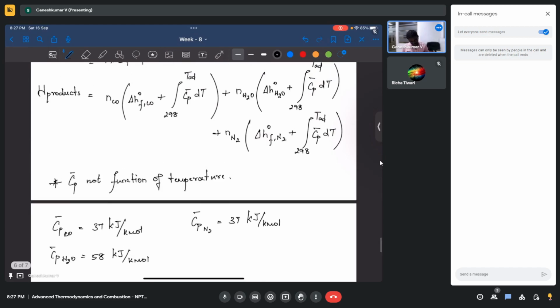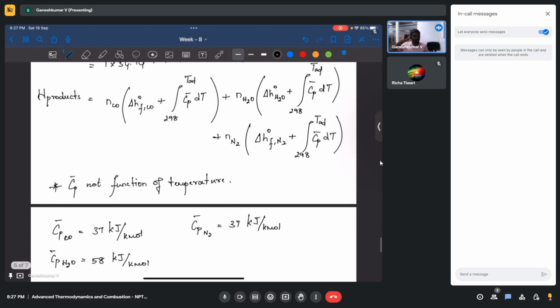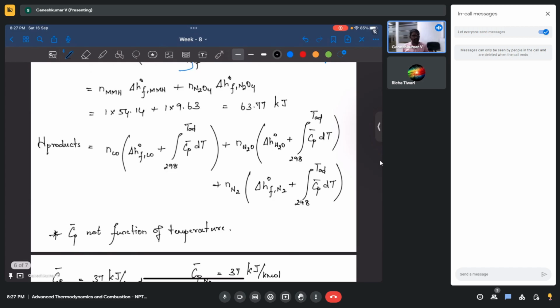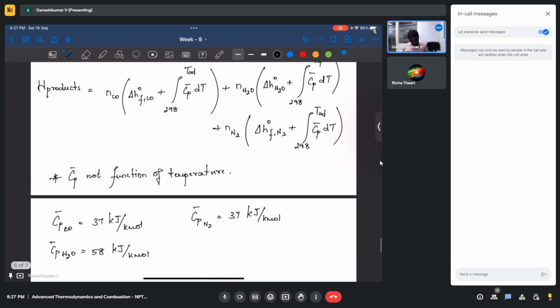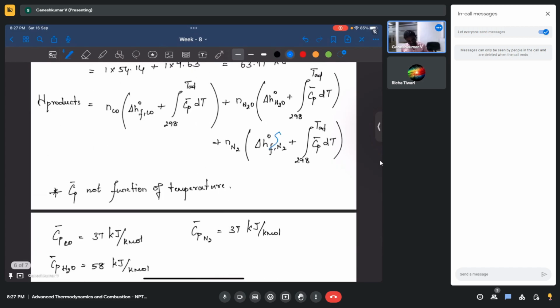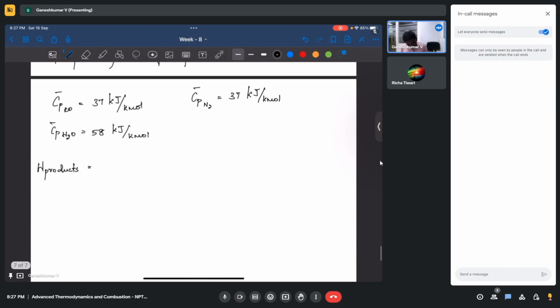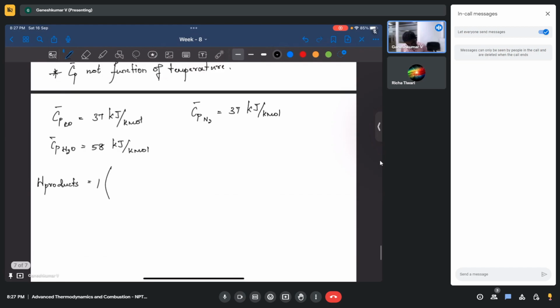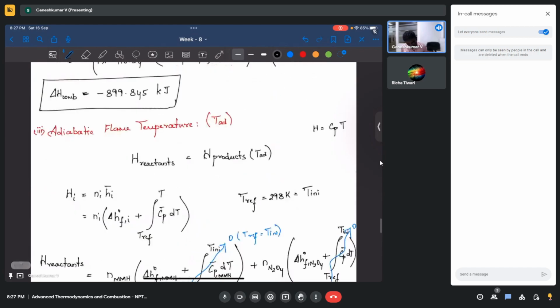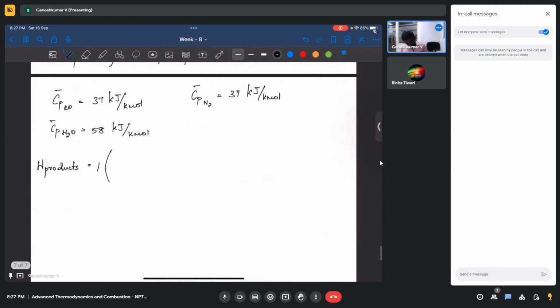Then there will be only one unknown, which is T adiabatic. Let's try to find the enthalpy of products now. N of CO is 1 times HF, which is minus 110.54 kilojoules.